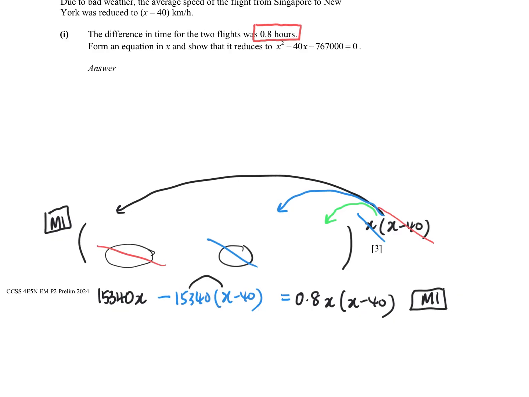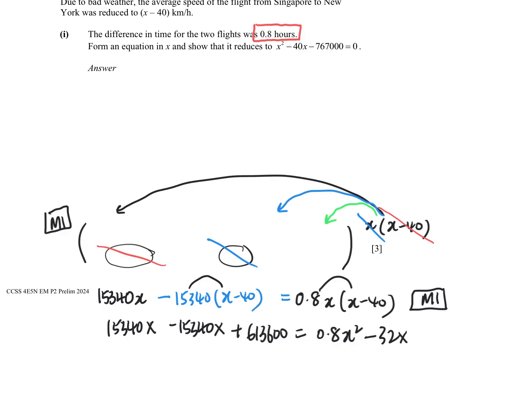So I expand 15340x plus, become what? Times 40. 613600. This one is 0.8x squared, 32x.